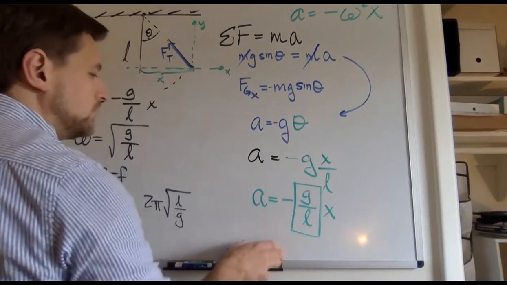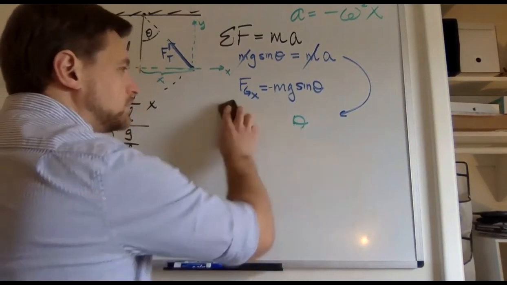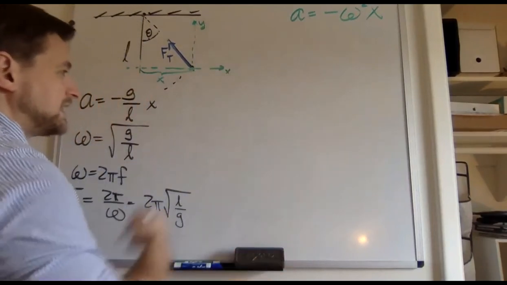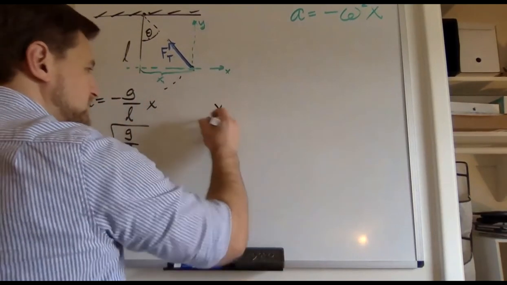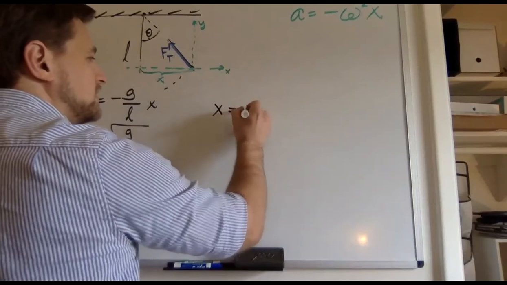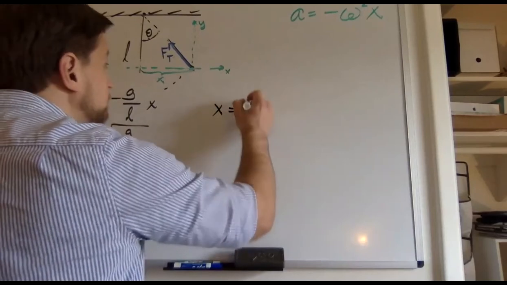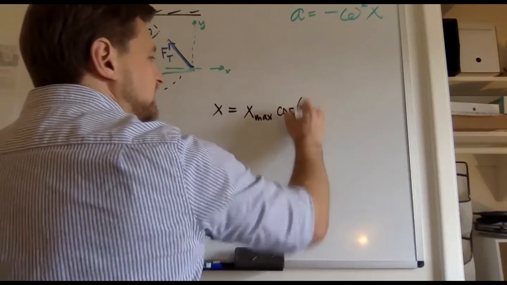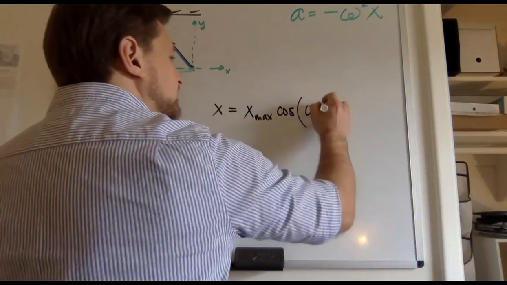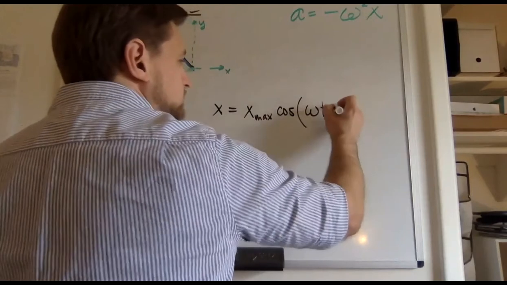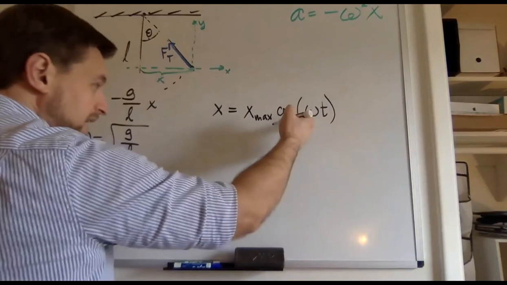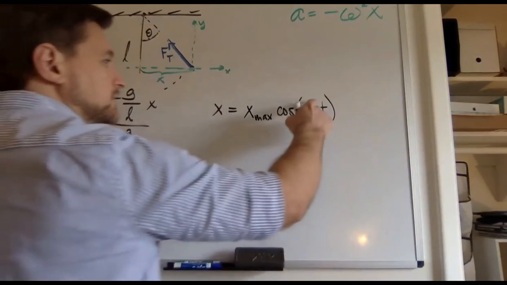We know now our formulas for position, velocity, and acceleration all depend on omega. So our position now depends on some amplitude, x max, cosine omega t, where omega is square root g over L.